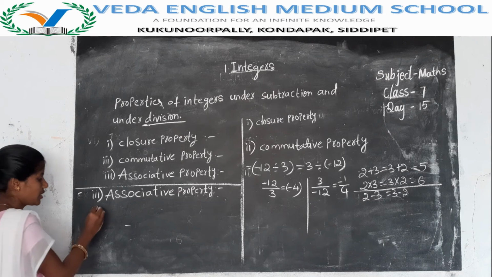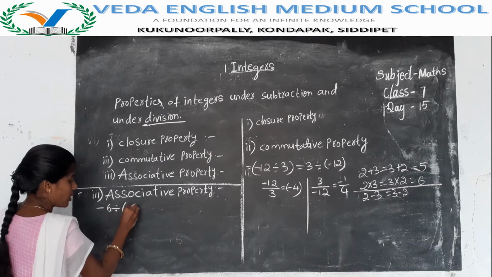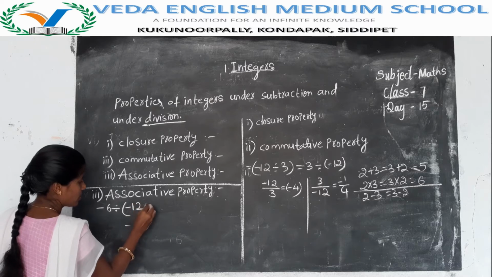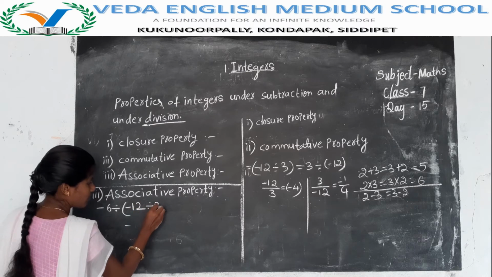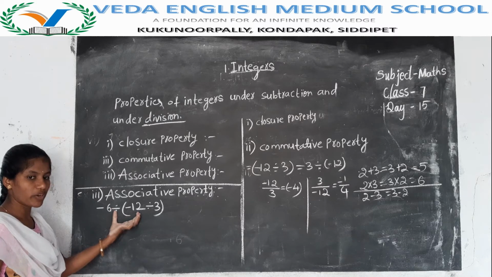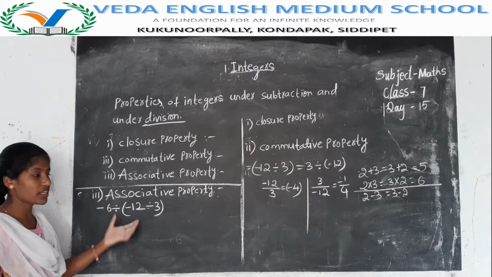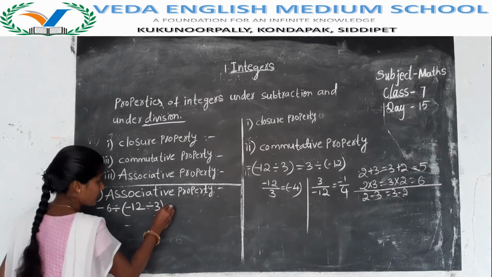Now take any three. Here I am taking minus 6 divided by minus 12 divided by minus 3. Why are we taking the division symbol here? Because we are checking for associative property under division. Now change its grouping.